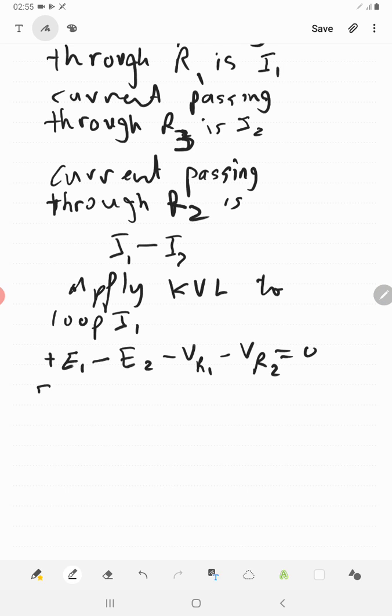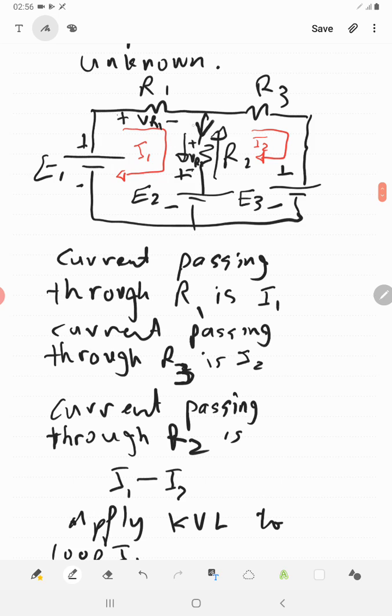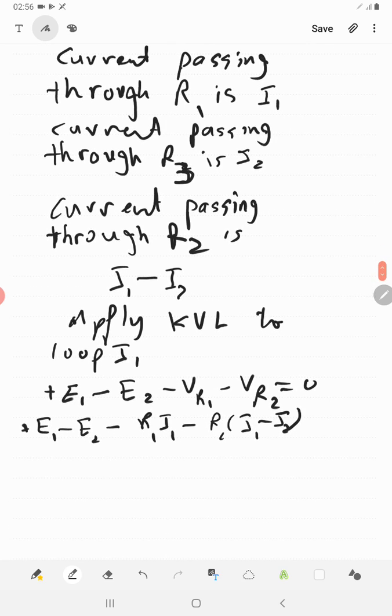So, E1 minus E2 minus VR1, which is R1 I1, minus VR2, which is R2 times (I1 minus I2). Thus, I1 minus I2 is the current passing through R2 in this direction. Okay?